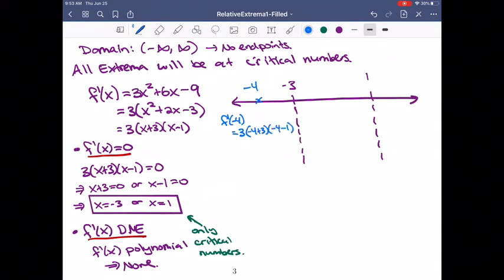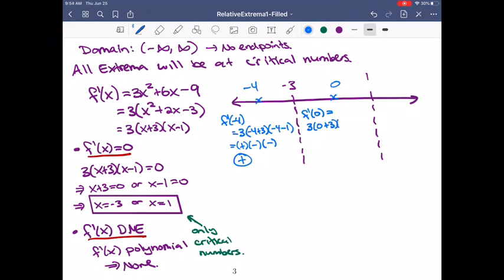Now, without actually computing this, this is a positive number times a negative number times a negative number. So I have two negatives multiplied together, that's going to give me a positive. And timesing by a positive is going to give me a positive. So I know that this derivative is going to be positive. If I plug in something between negative 3 and 1, maybe 0, f prime of 0 is going to be 3 times 0 plus 3 times 0 minus 1.